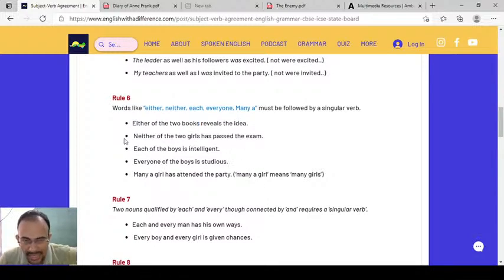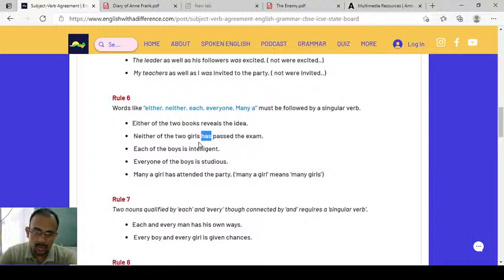Next, neither of the two girls has passed the exam. So here also in this sentence, it's has, that is singular, in spite of the plural subject being so close to the verb. Why?